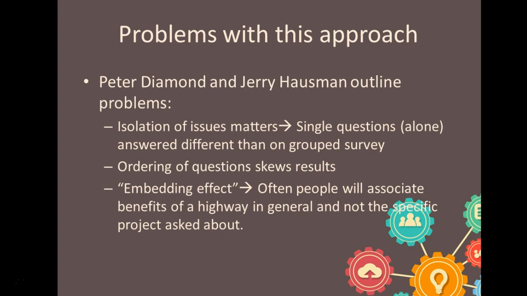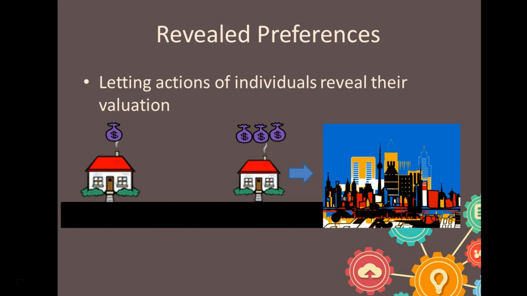Those are some issues that you as a policy analyst will need to take into account when you're using valuation data or survey data when trying to understand whether people will pay and how much they would pay. Another way that economists try to get around this is looking at revealed preferences, moving away from what people say and looking more at what they do. An example of this is looking at people who pay more to live closer to work compared to being further away.